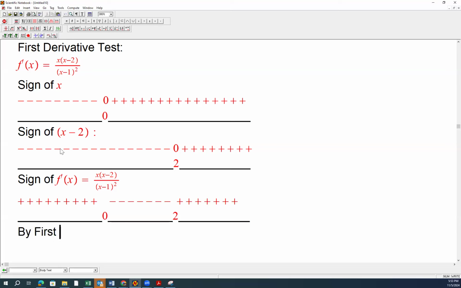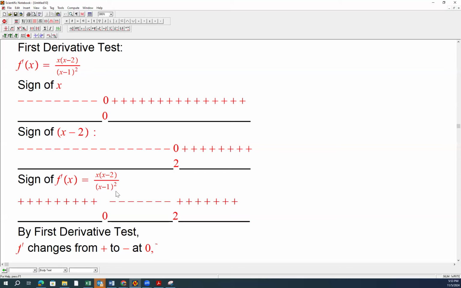So by the first derivative test, we will say f prime changes from positive to negative at 0, right?